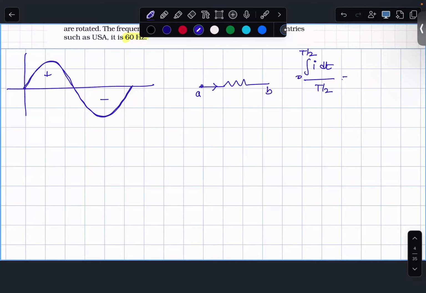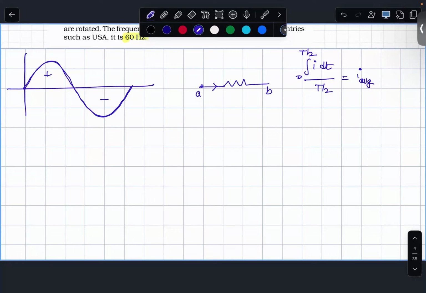And this is again a current. This current is called the average value of AC. What is that? I am indirectly giving you the information. Same current, if I am passing a DC value, how much charge passes from A to B? Remember, in T by 2 seconds, from A to B, if I am passing DC current, say X charge passed through that resistor.